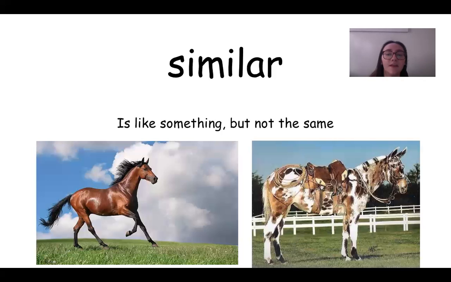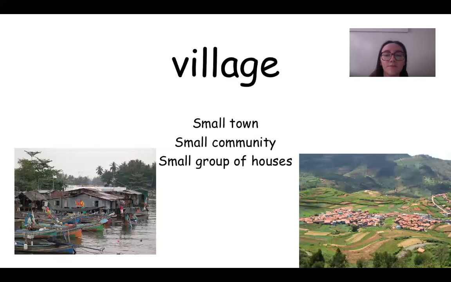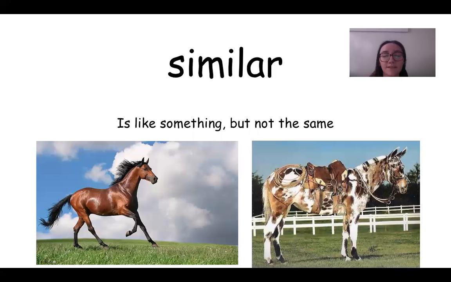Medicine science. Now, the last one that we are going to talk about is the word similar. So similar is when something is like another thing, but it is not the same. So we use similar when we're talking about things that look like each other, sound like each other, but they are not the same thing.